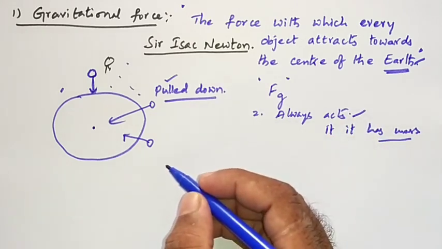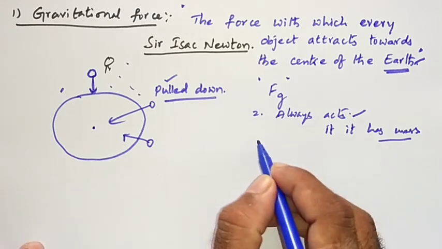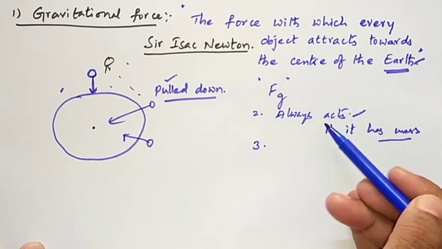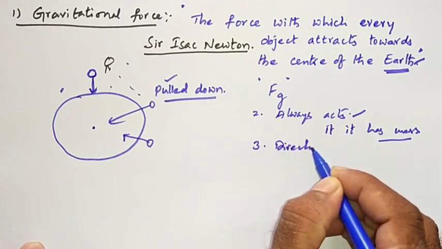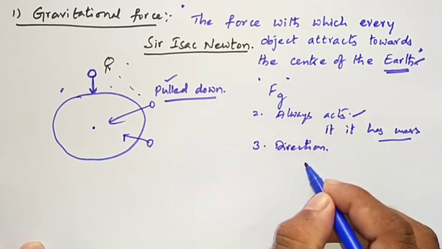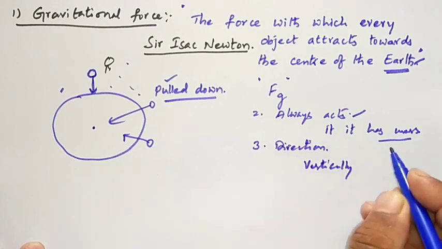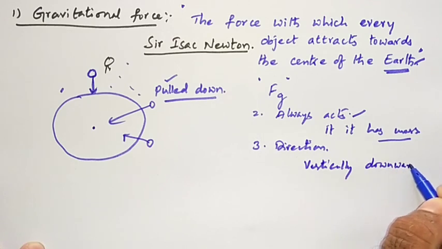You can remember that one. Without troubling much, you can close your eyes and tell that gravitational force always acts on the body. Now the third thing: first was the definition, second was when it acts, and third is its direction. The direction of gravitational force is always vertically downwards. Remember this.